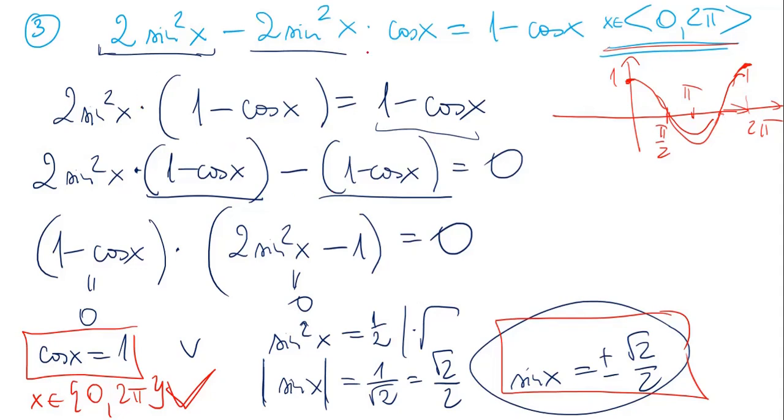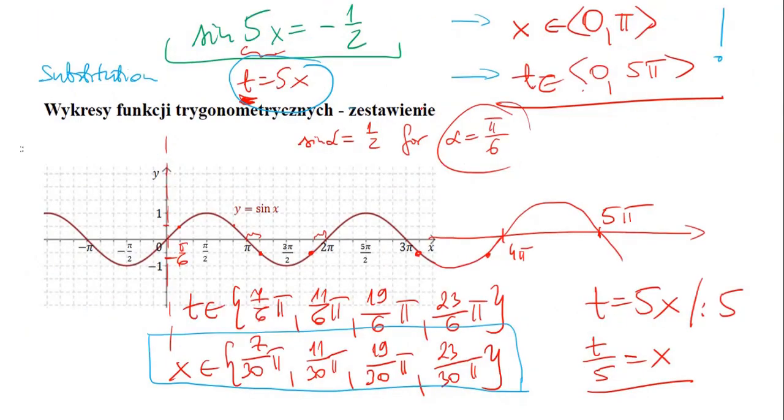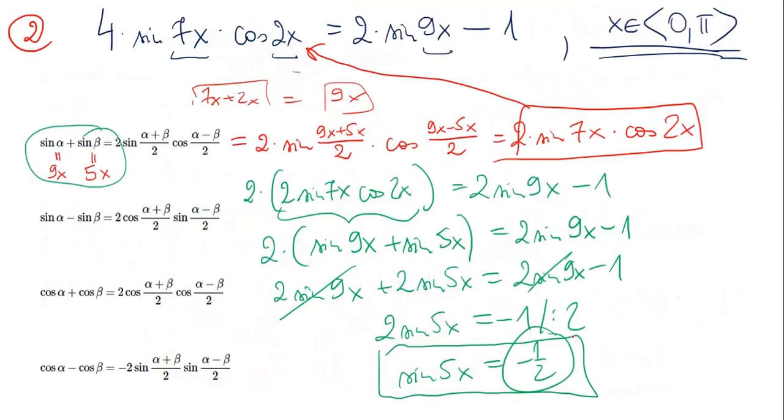So we try to use some formulas, maybe get something before the brackets, and then get to those simple equations, like here or here, right? We always get to some simple equations at the end. So this is the idea, right? To get to the point where you have just a very simple equation, and then you can go to the function and just read the points from the function.